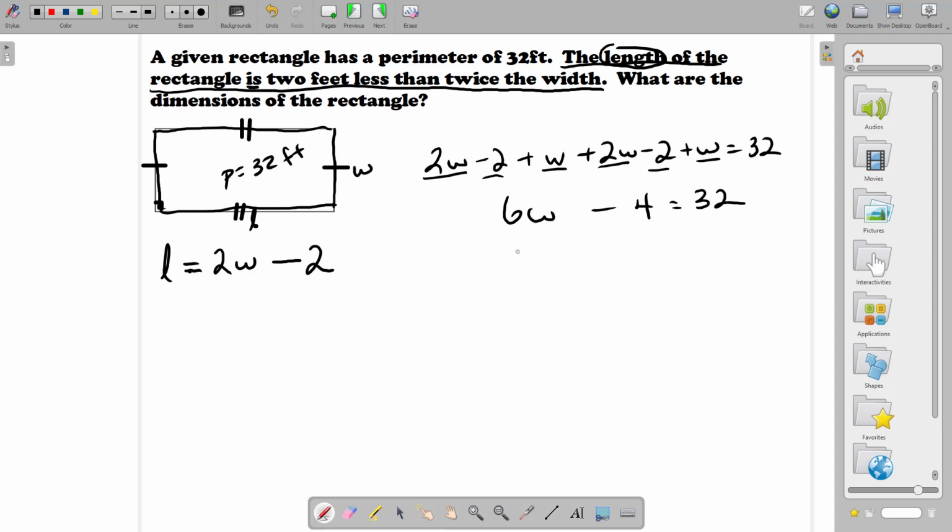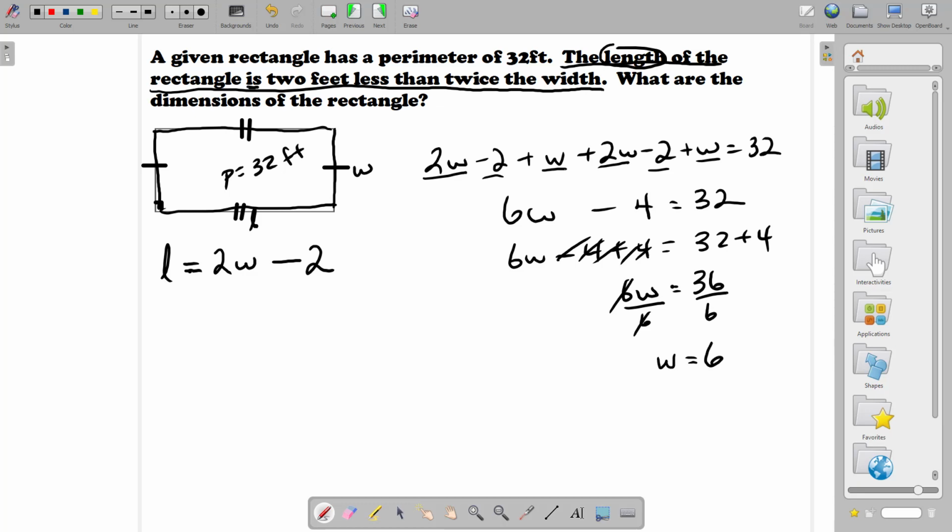Now we're going to add 4 to both sides. The 4's cancel out, we get 6W. Over here, 32 plus 4 is 36. Now we're going to divide both sides by 6. The 6's divide out. 36 divided by 6 is 6.